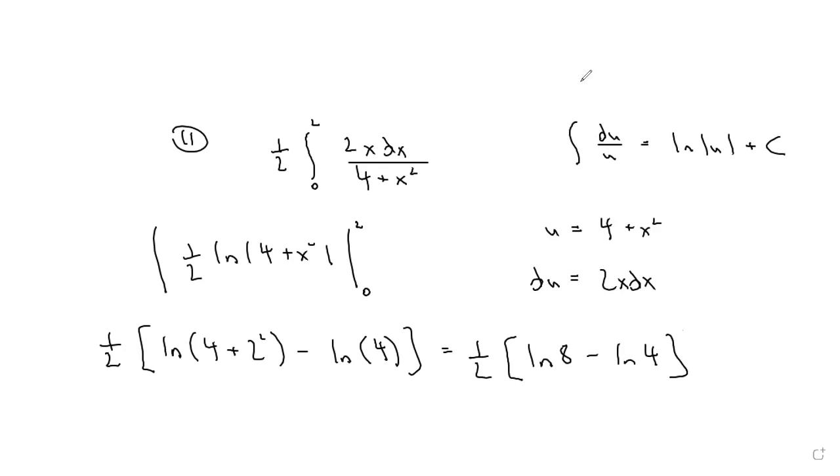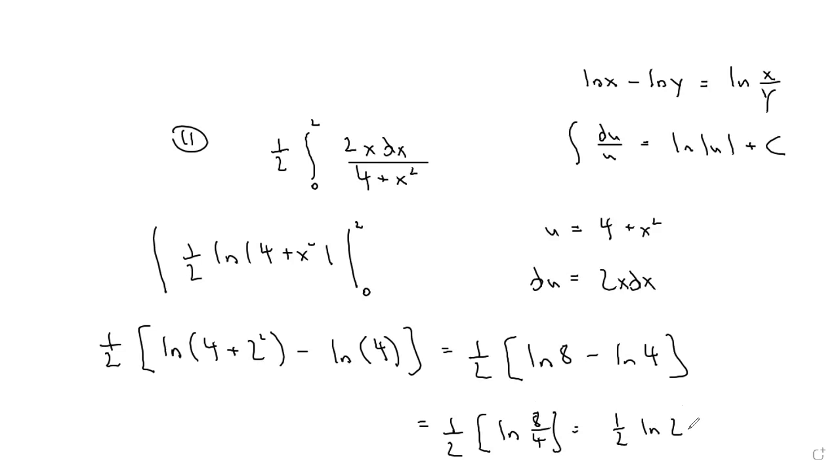Because you might recall, I'll just write this at the top, there's the ln formula that ln of x minus ln of y could be combined into 1 ln as long as you change it to division. So we can do that. So this is 1/2 square bracket ln of 8/4. So 8/4, of course, is just 2. So this is 1/2 ln of 2.